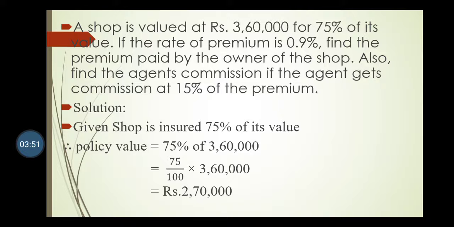Now we will solve this. 75 upon 100 into 3,60,000, which is equal to 2,70,000. Means out of this whole property of 3,60,000, only the property worth rupees 2,70,000 is insured.